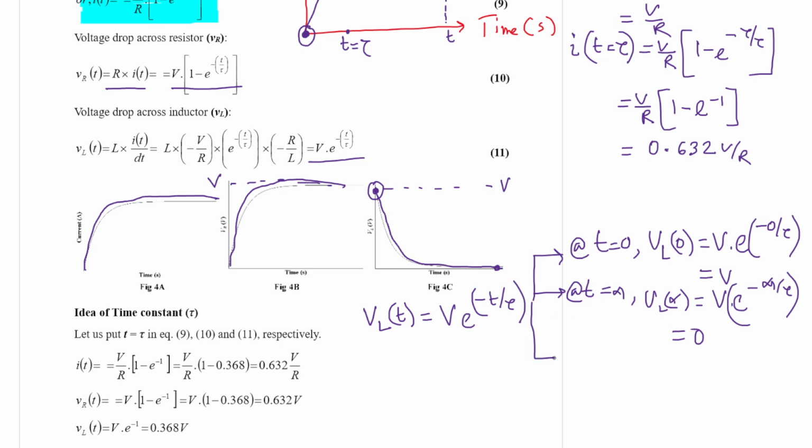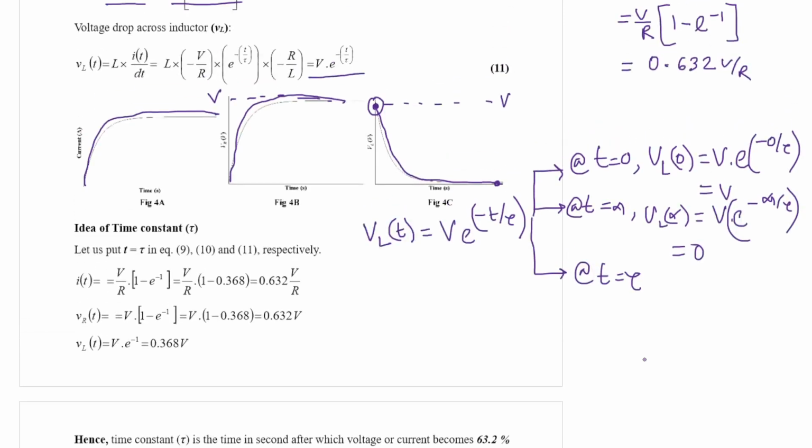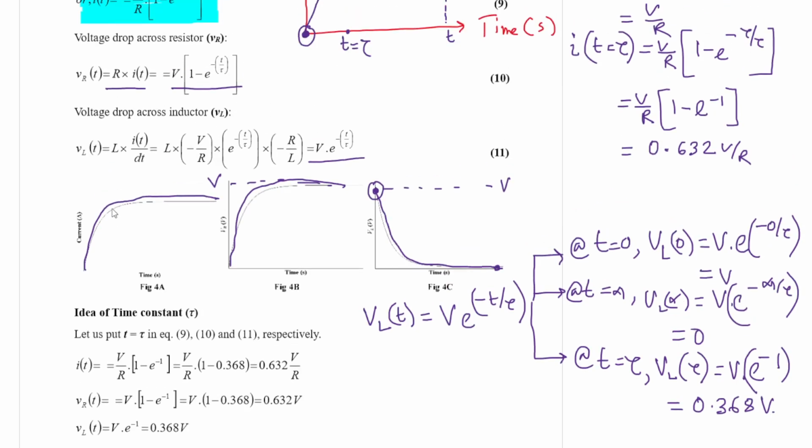To get the nature, we shall have a third, intermediate point. Let us check t is equal to tau. So VL at tau will be equal to V into e to the power minus 1, because tau cancels, so it will be 0.368 V. It will be almost 36.8%.